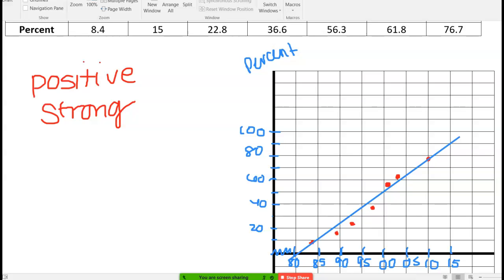I'm going to pick points on my line though. So I'm going to go with this point in the corner here and this point in the corner there. So I'm going to use the point 1985 and 10, and then I'm going to use the point 2015 and 90.